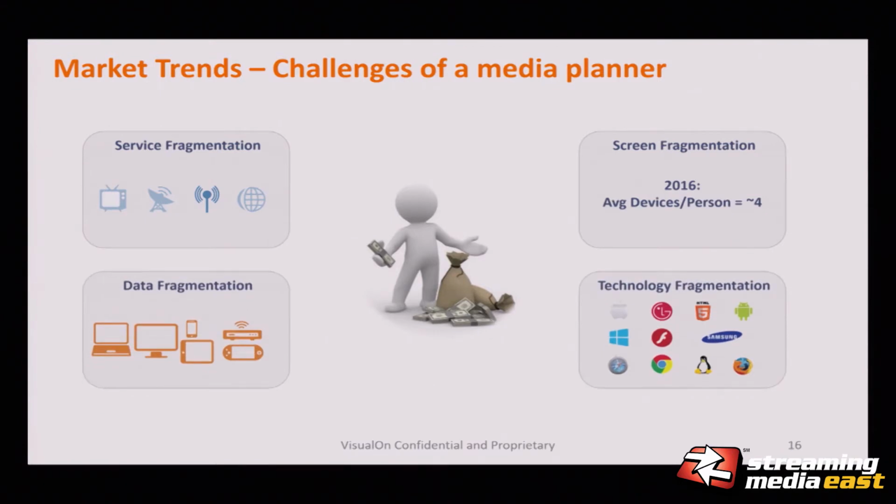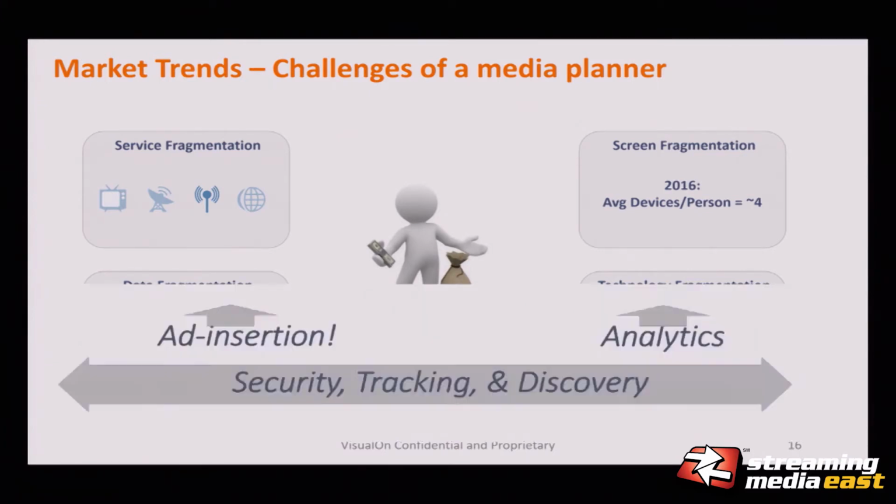There are all these different devices and all this fragmentation in terms of technology for reaching those device endpoints. So from a money spent perspective, this is the amount of tracking that they have to do. What's important is ad insertion, analytics, security, tracking, and discovery across all the devices, across all these service sectors.